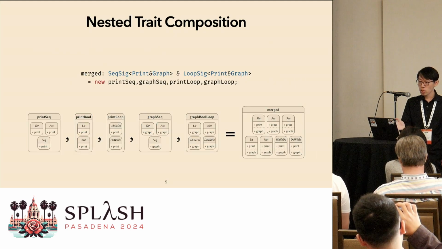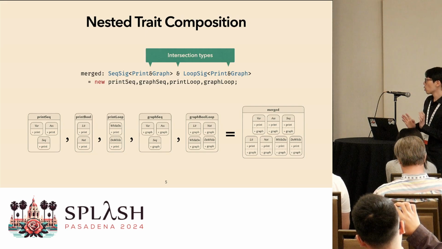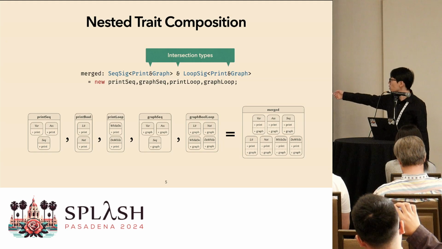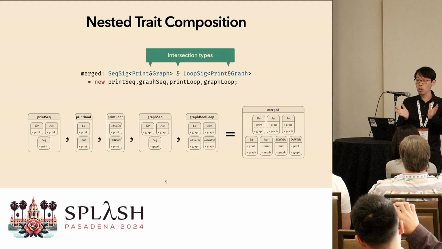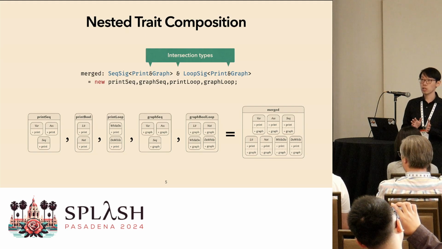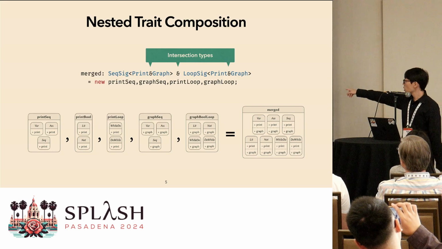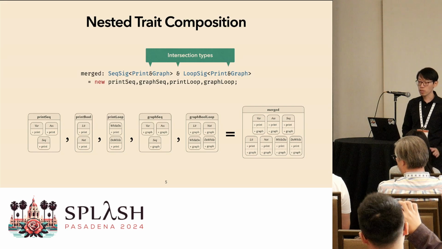And here come the intersection types. To make use of the modular traits, we may want to merge them together, like here in merged, we have all the constructors. Then we can build an expression making use of all of these constructors, and every constructor has print and graph together.